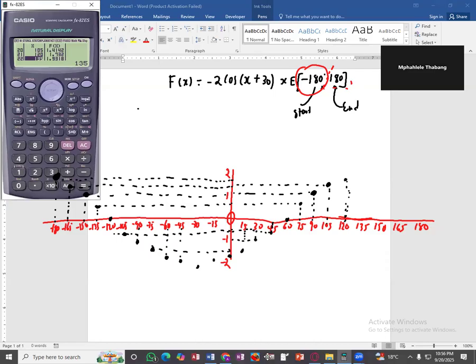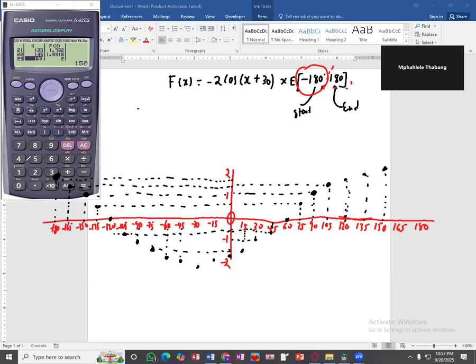So you've got 135 and 1.9, which is closer to 2. And then you have 150 and 2, which is actually the turning point. This is where the graph will turn.